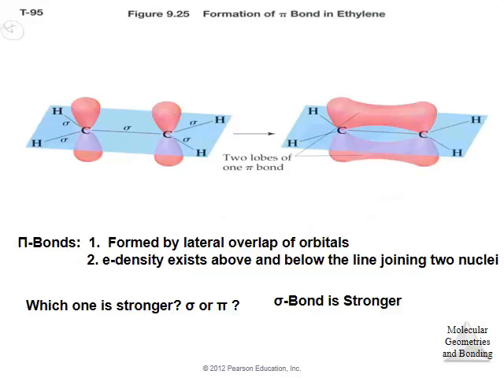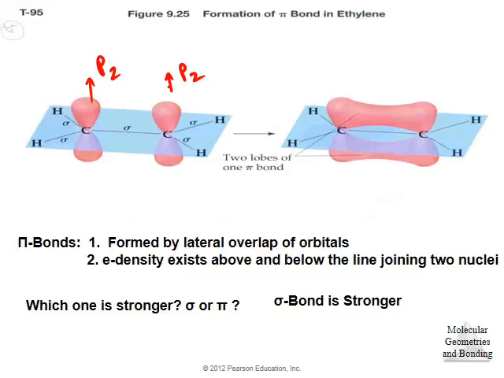Now this is the second kind of bond. Say this is a pz orbital, and this is also a pz orbital. Even though in the figure they're shown separated from each other, truly they're pretty close to each other, and they overlap laterally, in a sideways manner.